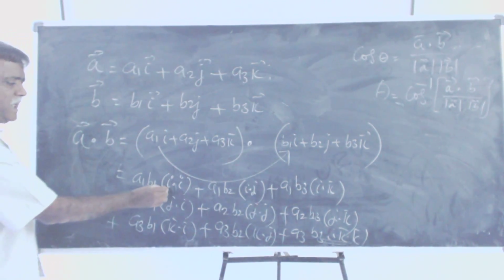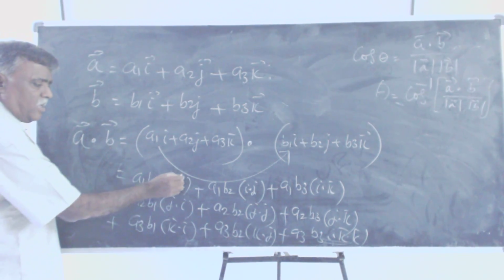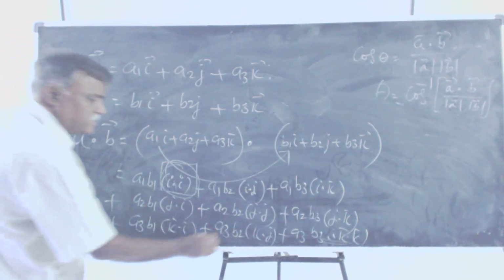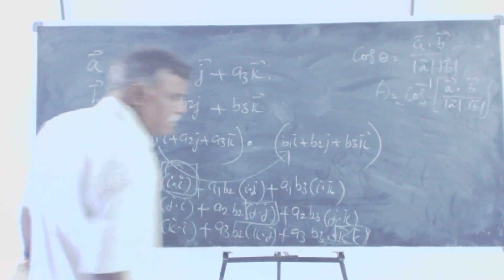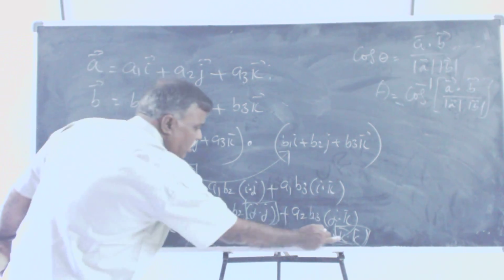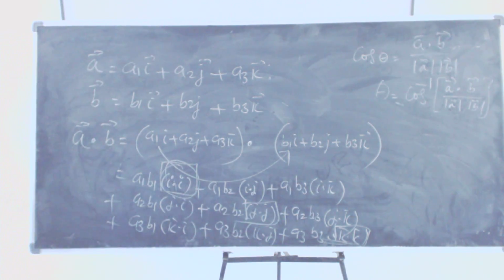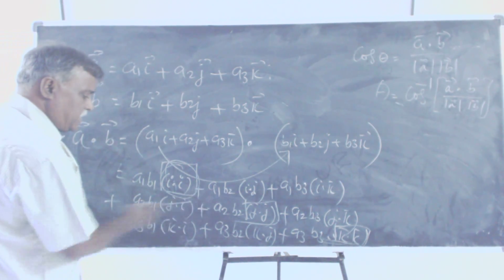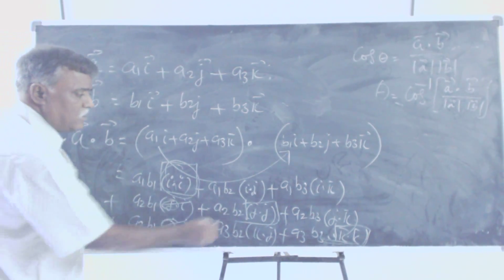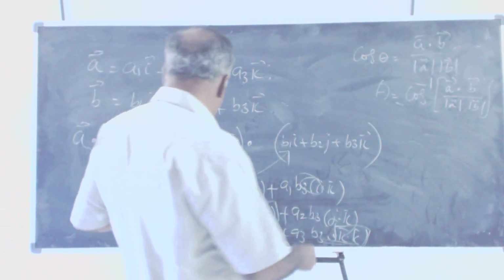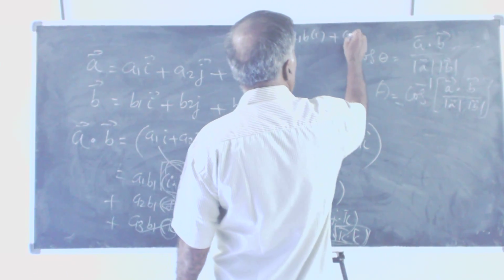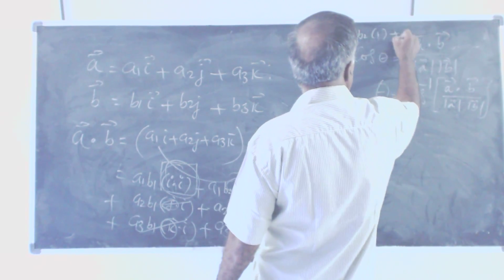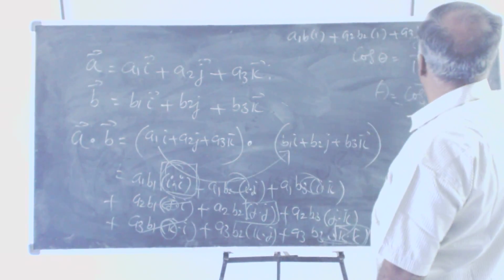Now look at this, i dot i will become what? 1. Similarly, j dot j is 1, and similarly k dot k is 1. So these three become 1, and all other terms are 0, as I told you in the table. So we get A1 B1 into 1, plus A2 B2 into 1, plus A3 B3 into 1.